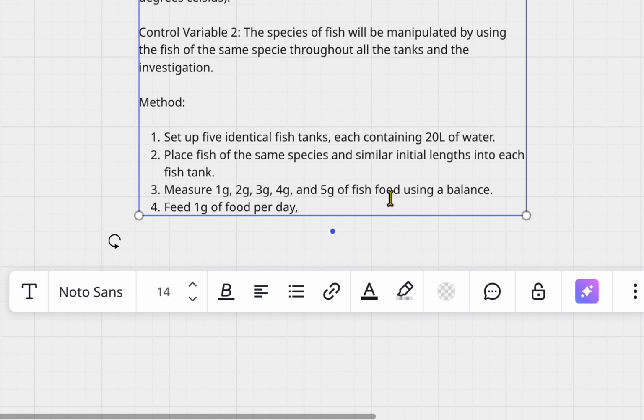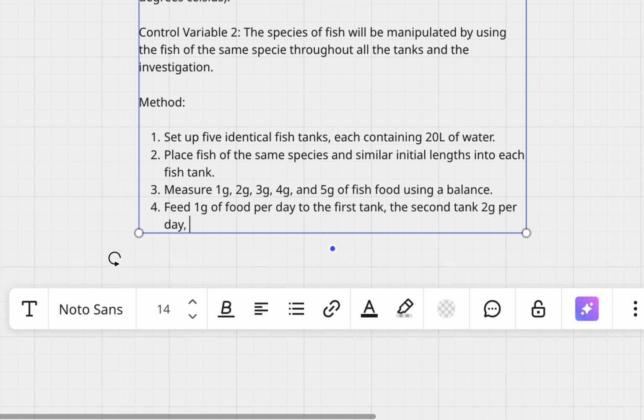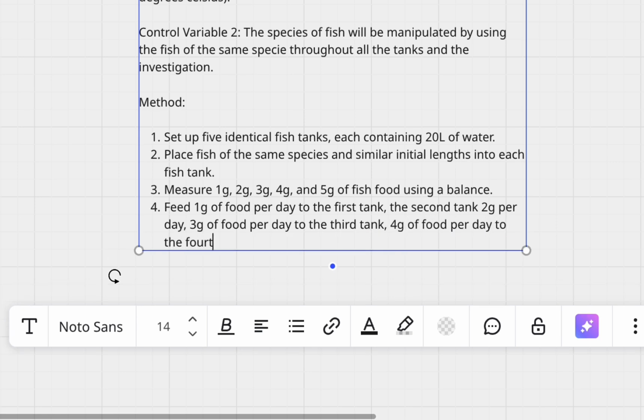Feed 1 gram of food per day to the first tank, 2 grams per day to the second tank, 3 grams of food per day to the third tank, 4 grams of food per day to the fourth tank, and 5 grams of food per day to the fifth tank.